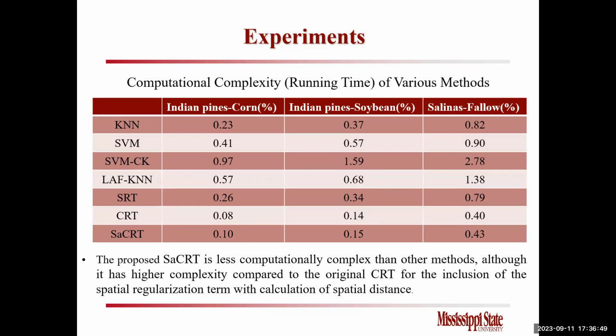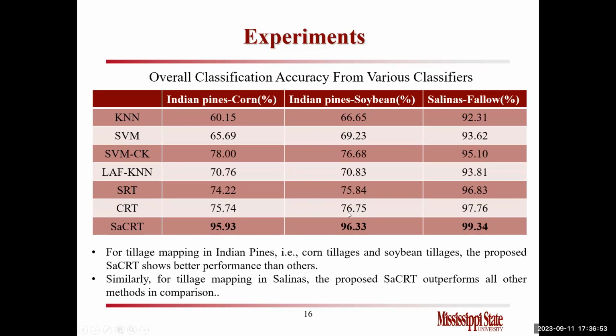These two are pretty similar. Comparing CRT to SVM-CK and the sparse representation, the collaborative representation performance is actually better than the sparse one. But after we add this spatial regularization, the performance is significantly improved, in particular for the two Indian Pines cases.